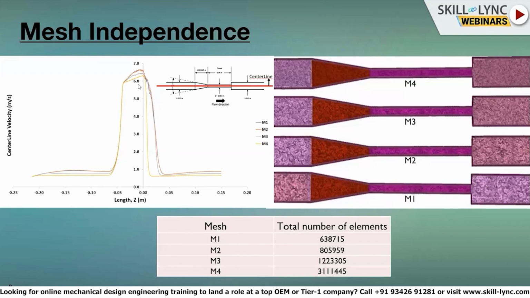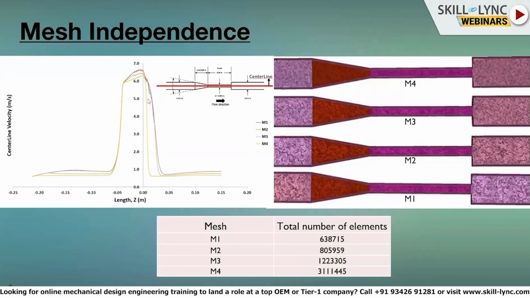Actually, this should not happen. Whatever the mesh, your result should not change with mesh. You have to get a consistent velocity for all kinds of mesh. I just want to show the difference, which is why I have put different meshes, so that you would observe the differences in the velocity along the center line.